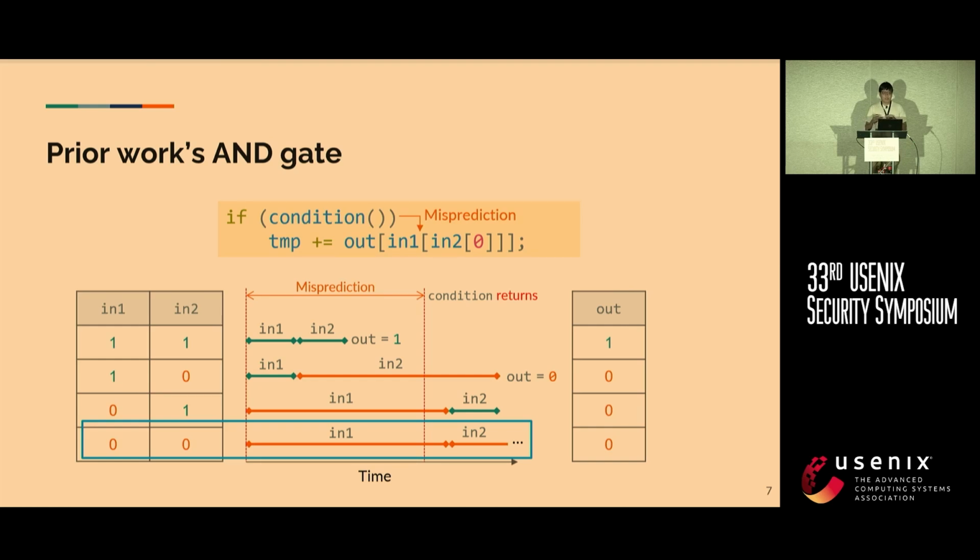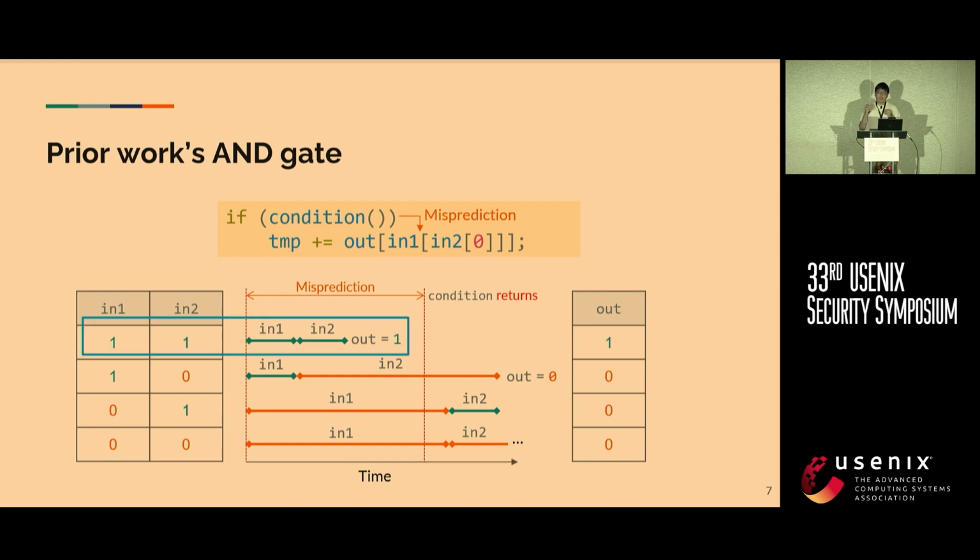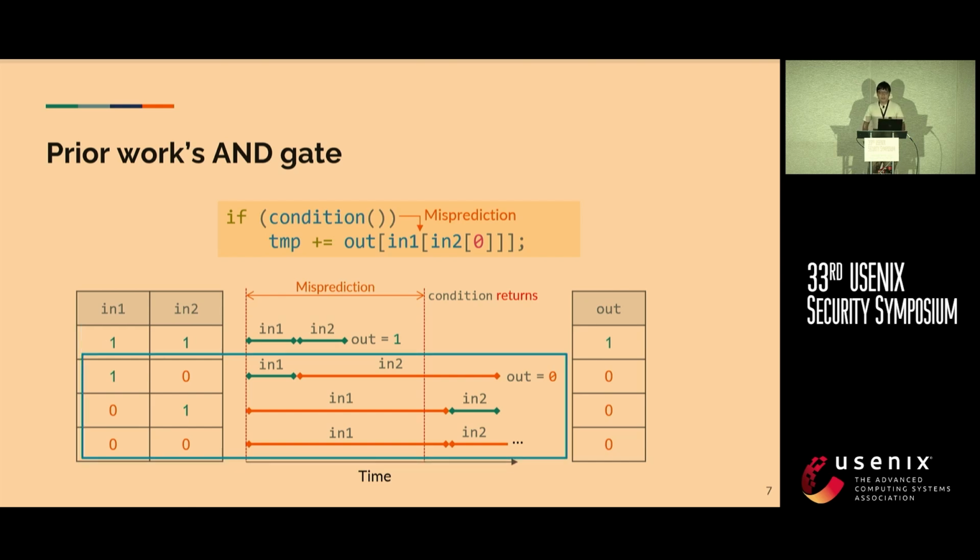This AND gate tries to fetch the output weird register into the cache after it fetches both input registers. So it is only able to fetch the output when both inputs have very short cache latency. When either input is 0, the much longer cache miss latency prevents this gate from fetching the output, so it ends up outputting 0 after the transient execution.